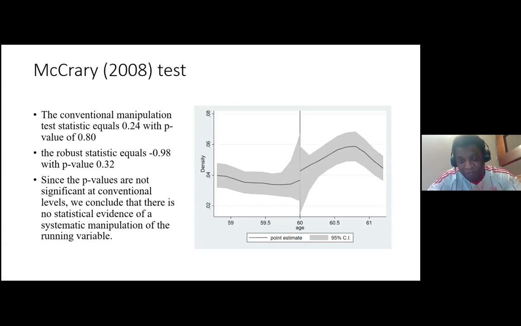If there is a significant difference at the threshold, then it may mean that there is manipulation going on at that threshold, and that is the reason why we're picking up the effect we're picking up. But in this case, we find that there is no significant difference in the running variable at the threshold. So we believe that there is no manipulation of the running variable in this case.